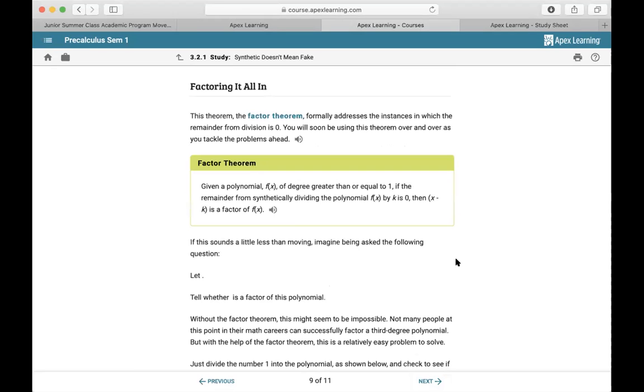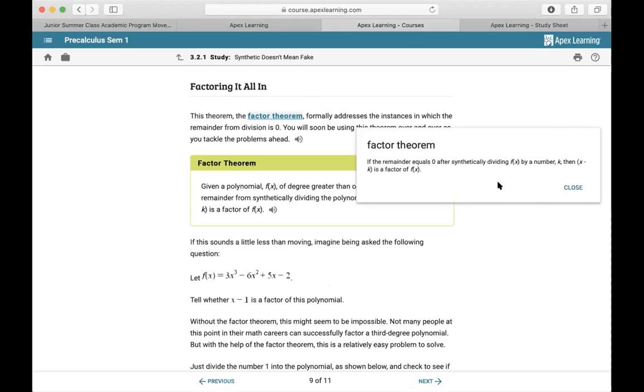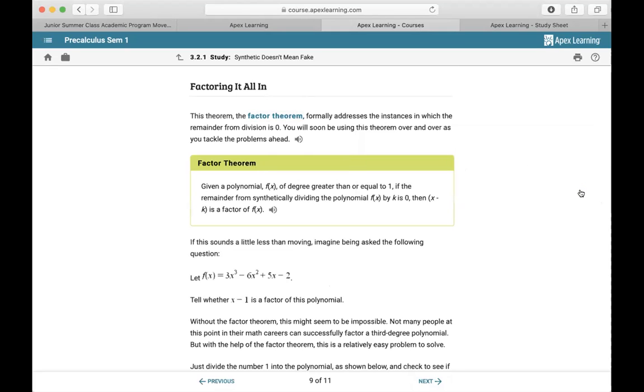And how that really is useful is factoring it all in. This factor theorem is talking about if the remainder equals 0. If there's nothing left over, then it perfectly fits in, which makes that a factor of the above expression.